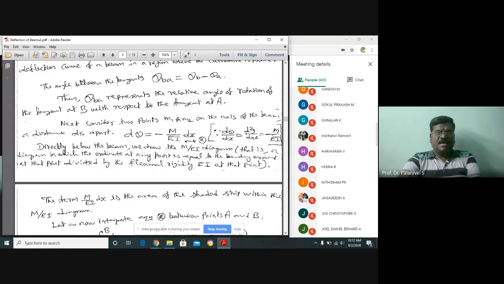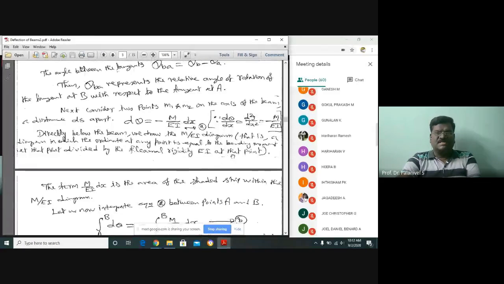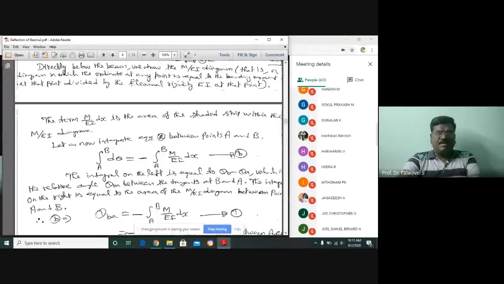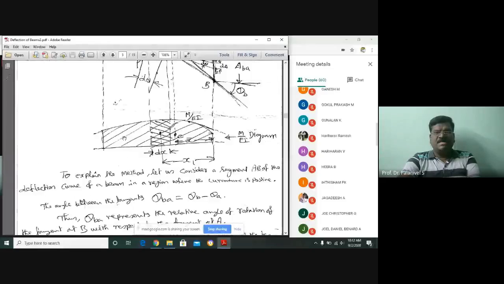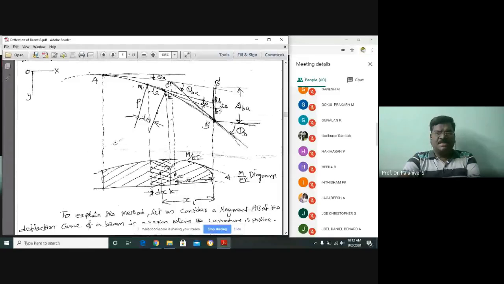That is a diagram in which the ordinate at each point is equal to the bending moment at that point divided by the factor EI at that point. This I just told you. Another 5 minutes only I will be discussing. The term M by EI dx is the area of the shaded strip within the M by EI diagram.